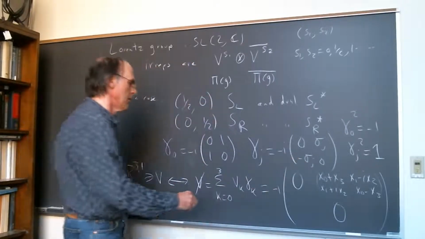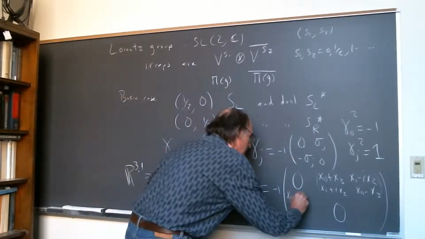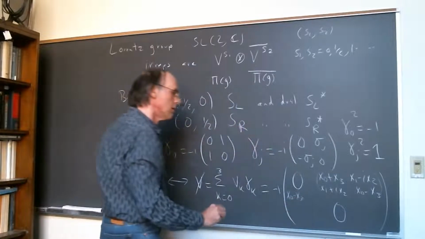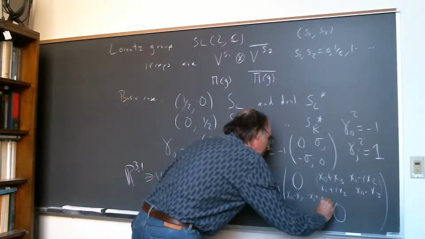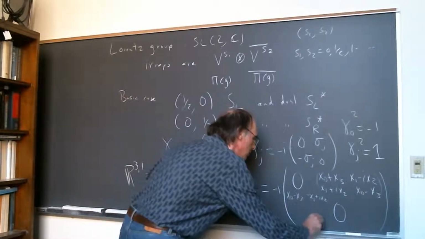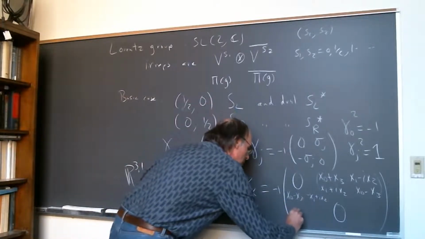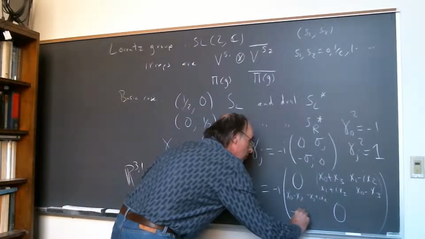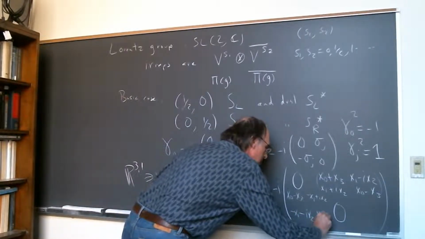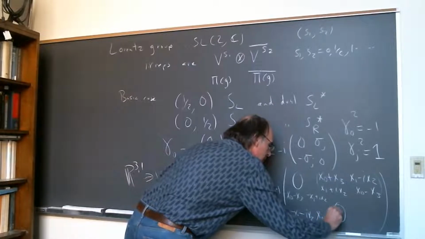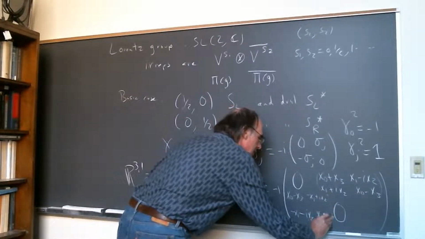Written down, it's x0 minus x3, minus x1 plus ix2, minus x1 minus ix2, x0 plus x3. It's this one.